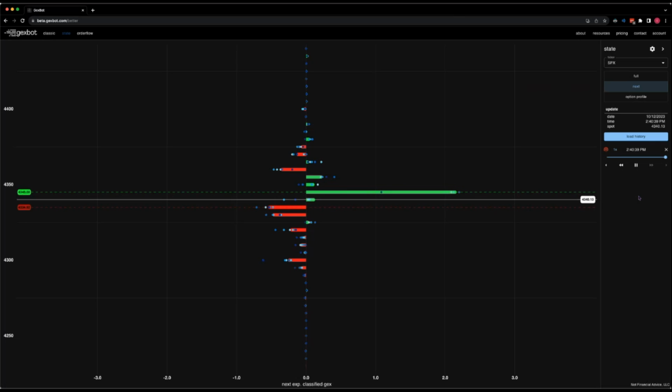And what I mean by that is, is there more opportunity to the upside or the downside in terms of pure options being held, regardless of who they're held by? That's what this chart can tell you. Is that a fair way to put it?